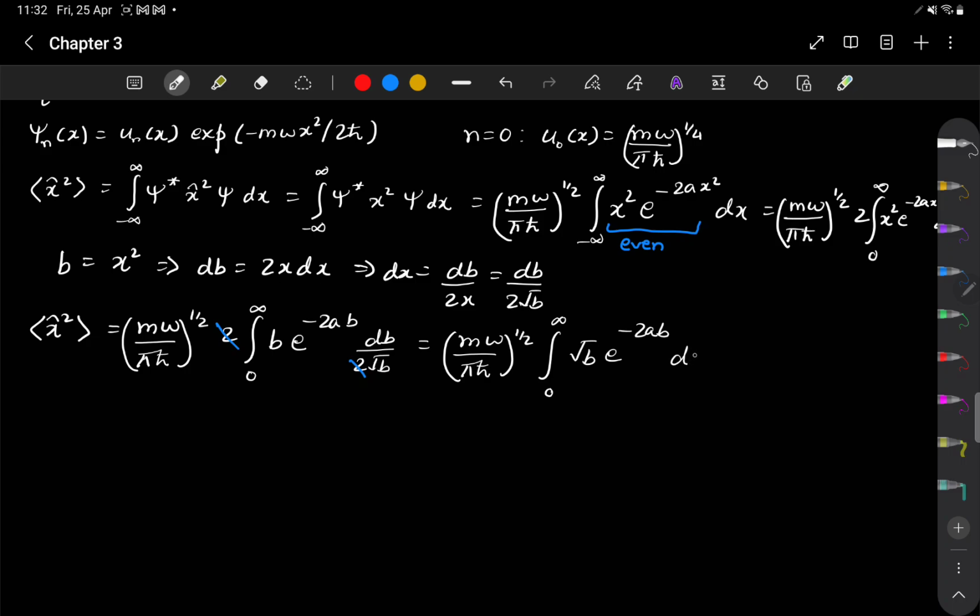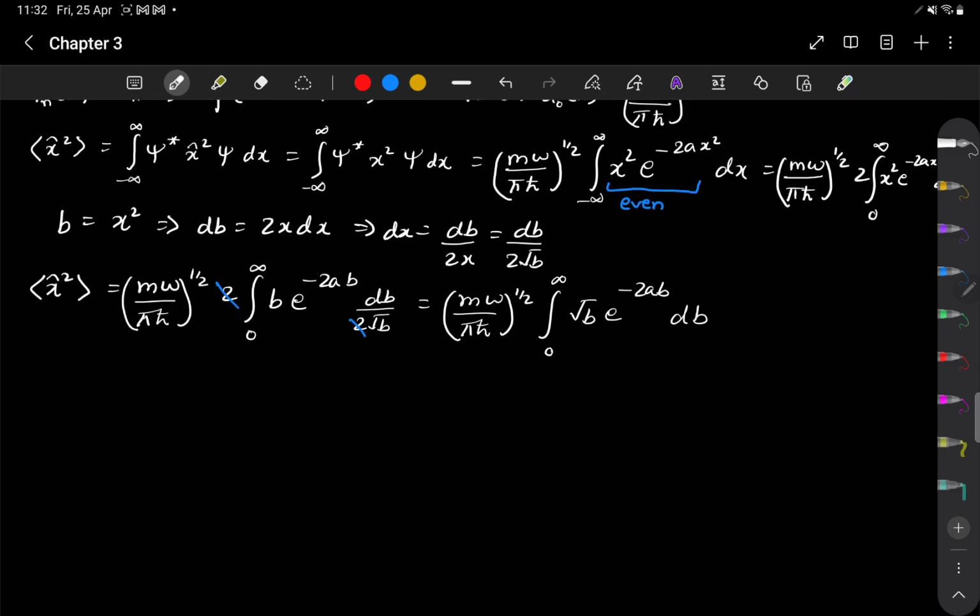Okay, let me do another substitution. I'll say c equals 2ab. So with this substitution, I get the following.